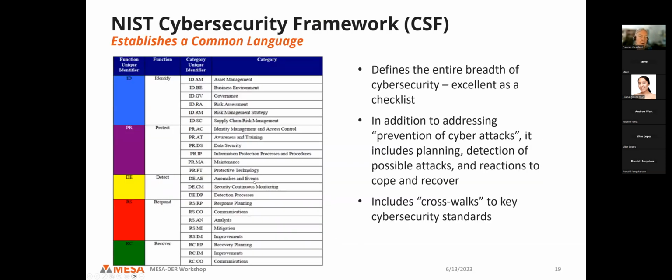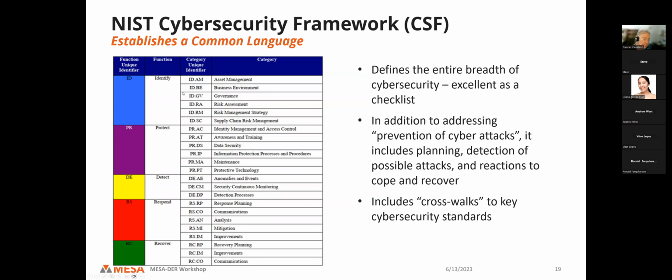Okay, one of the more important efforts has been the NIST cybersecurity framework. What's important about this is it established a common language, or a common framework, for discussing all of the different things that you need to do.